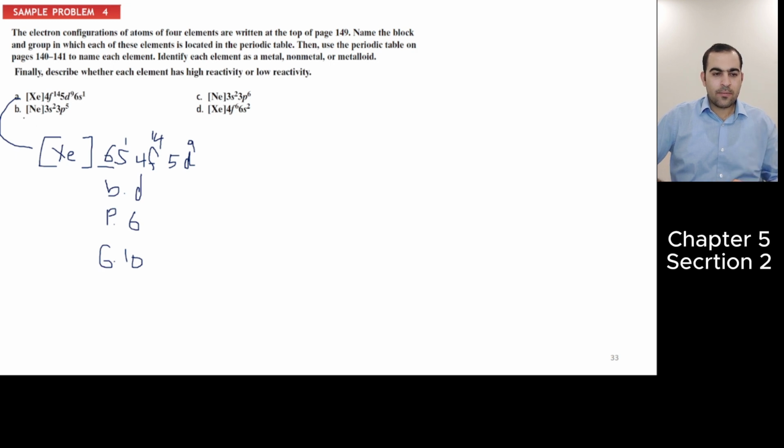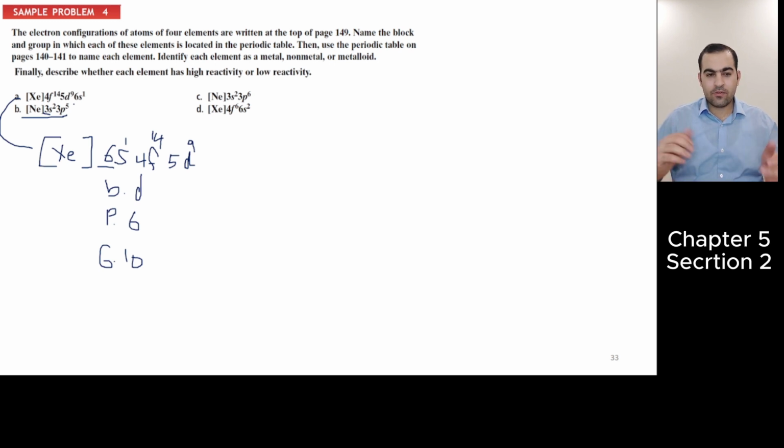We have this one. This is in 3rd period, block P, and group equals number of electrons in last S, last P, plus 10, equals group 17. It's group 17. 17s, they are what? They are non-metals, and they are reactive.